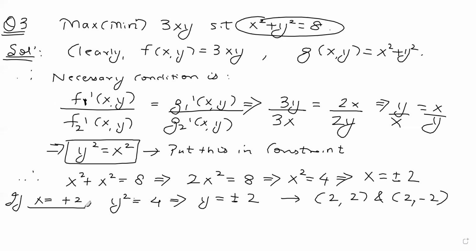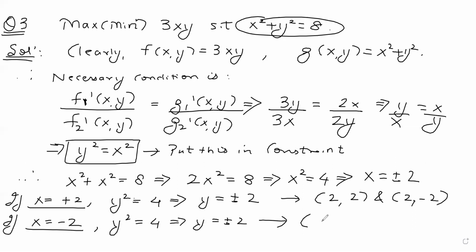Another case is if x is equal to minus 2, then y square will be 4, which implies y will be plus minus 2. So my possible solutions are minus 2 comma 2 and minus 2 comma minus 2. Now we have got all the points.